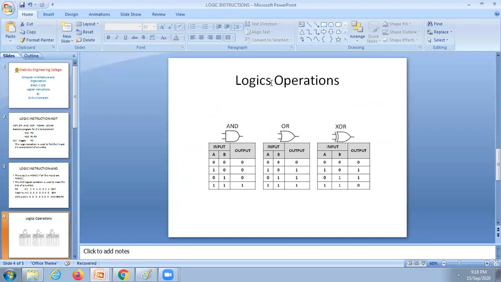The first one is NOT, which I have already explained. NOT is nothing but an inverter. There is only one input and one output.